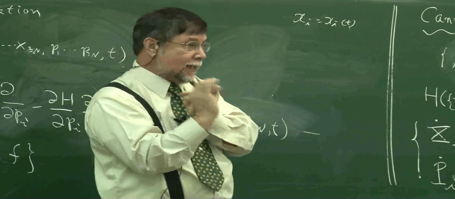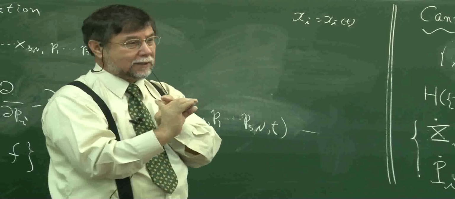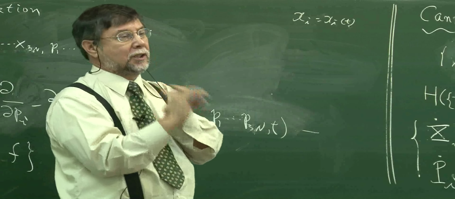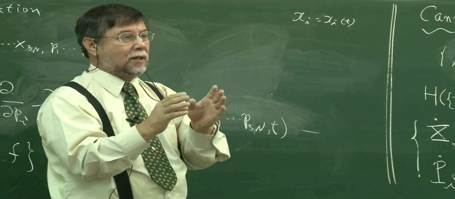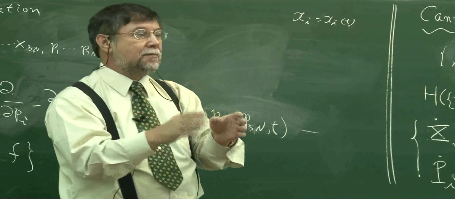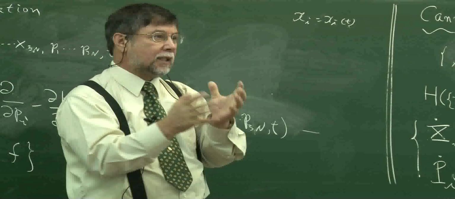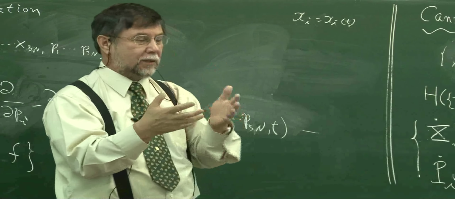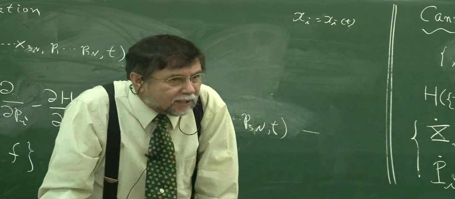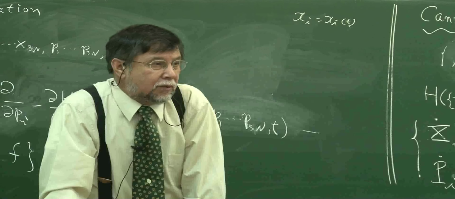Then I will tell you next time, Poincaré, 100 years ago, actually showed that there exist systems in which the number of invariants of motion is less than the number of degrees of freedom. In other words, the 3-body problem is an example. In principle, you cannot find 6 independent invariants of motion.